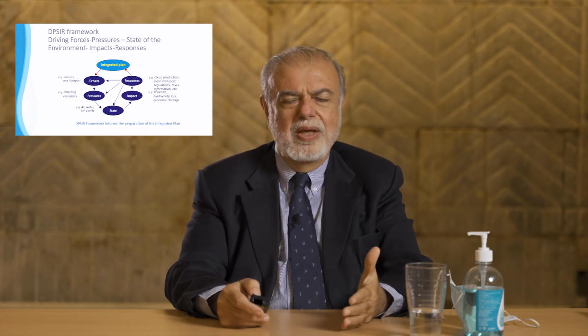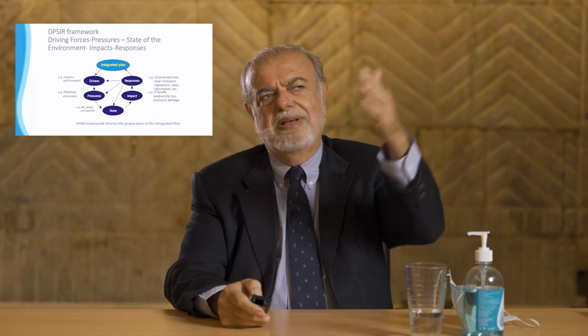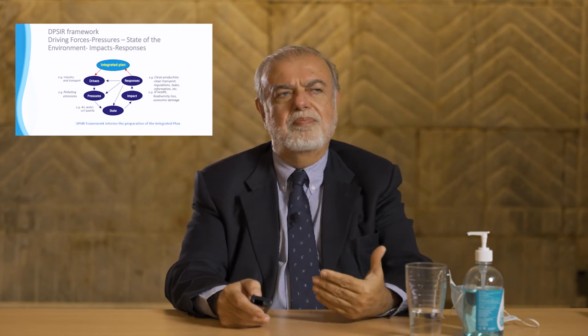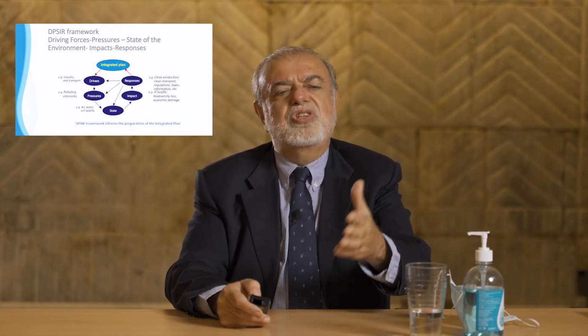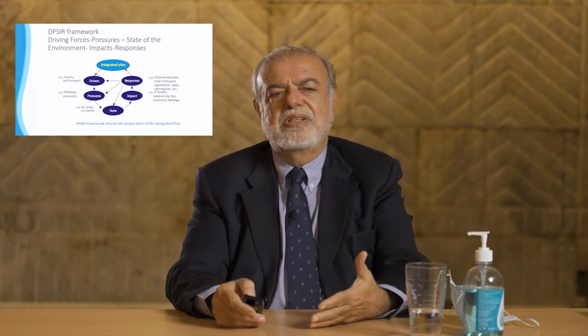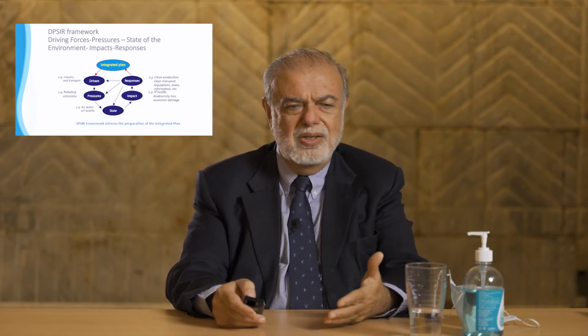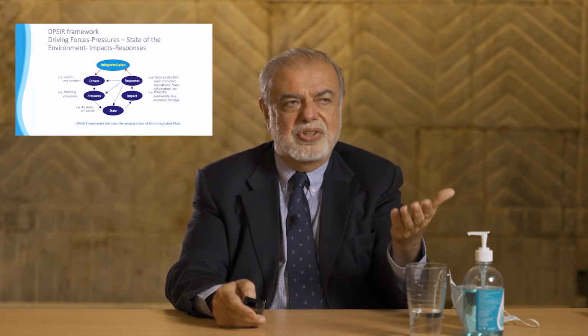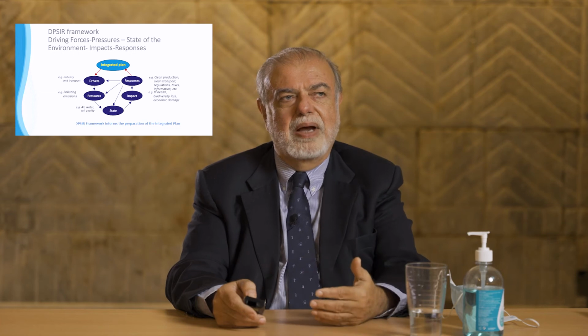Based on these responses, we have usually the integrated plan. But this sequence does not start necessarily from the drivers. It may start from the impacts. I see the impact. I see the poor state of the environment. I see that biodiversity is decreasing, which may be a state or it might be an impact.